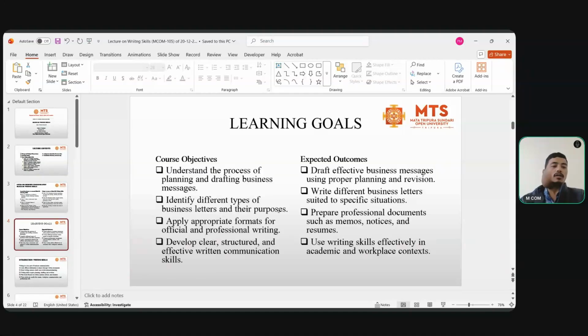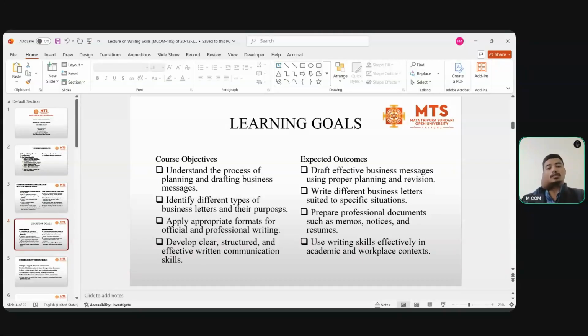Okay, so now, what are the learning outcomes? After completing block 3, you should be able to draft effective messages using proper planning and revision. You should be able to write business letters according to different situations. You should be able to prepare professional documents such as memos, notices, and resumes.